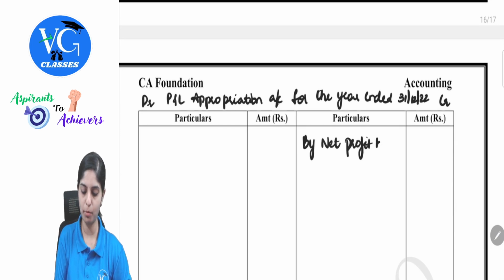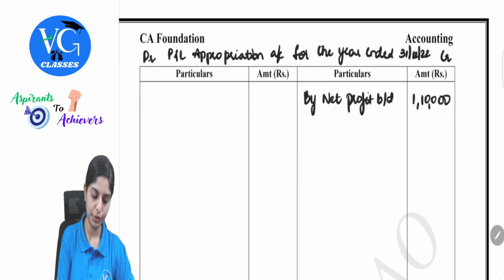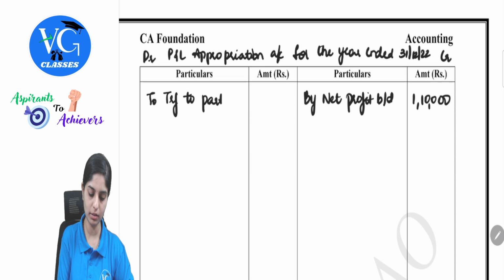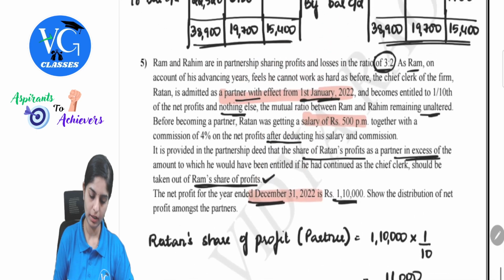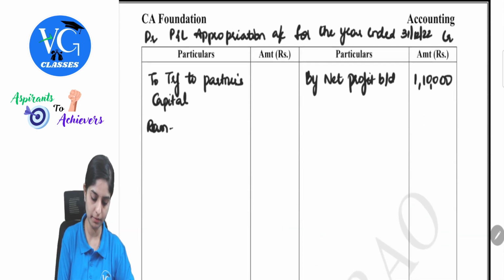By net profit brought down, the net profit was 1,10,000, to transfer to partners' capital. There were 3 partners, Ram, Rahim and then Ratan.